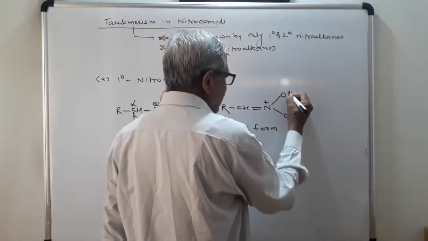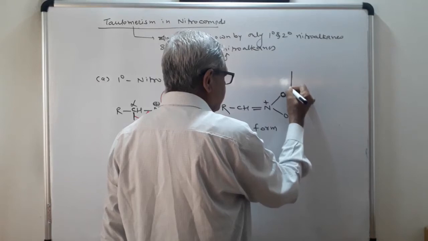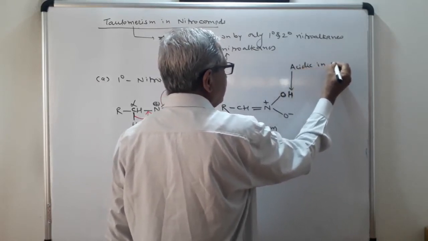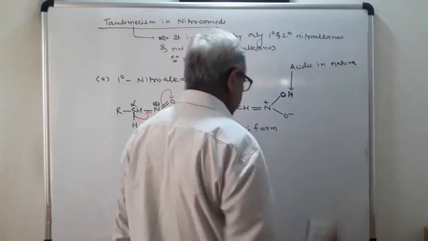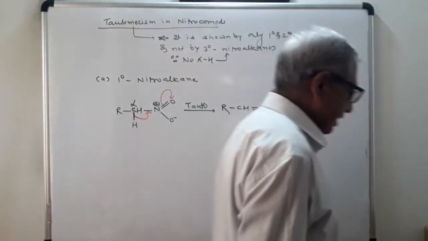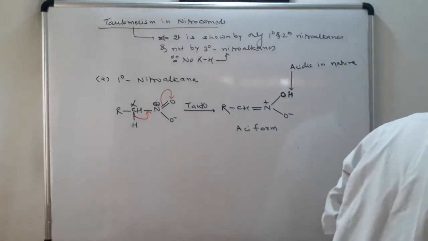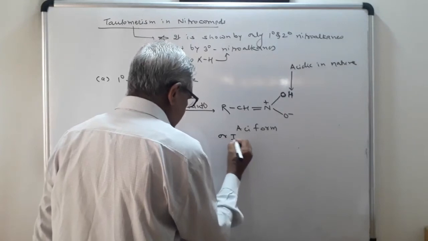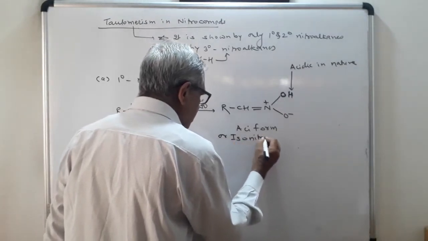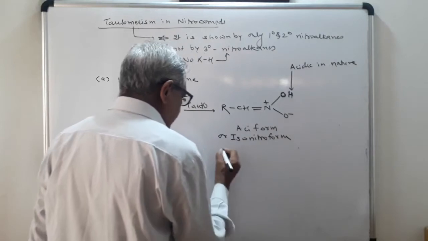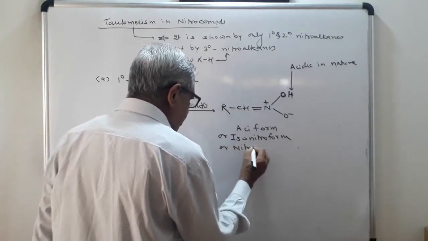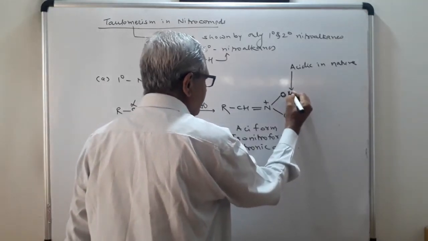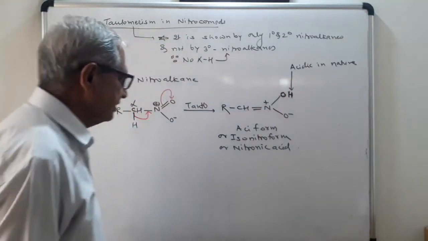Therefore, this hydrogen atom is acidic in nature, and so it is called the aci form. It is also known as isonitro form. It is also known as nitronic acid because of this acidic hydrogen. Remember that this hydrogen atom is acidic in nature.